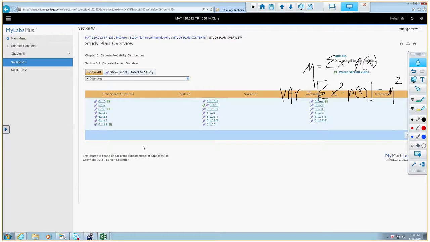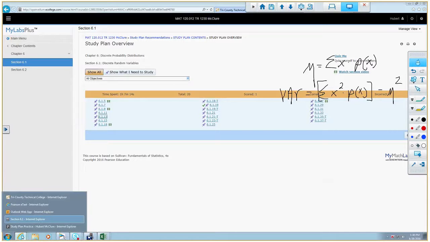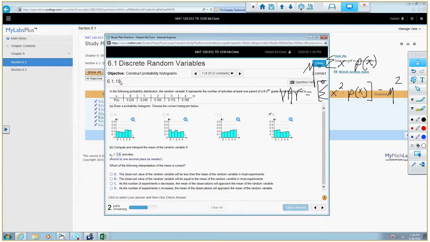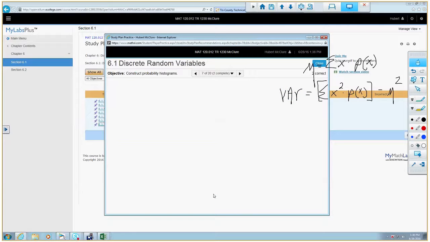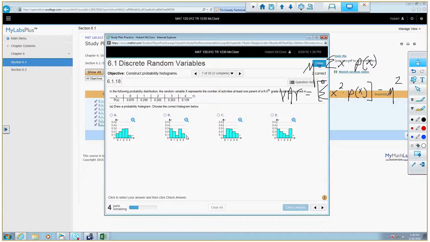I'm sorry, what? 19. Number 18? I thought it said 19. Let me check. Hold on. Number 18, yeah. There it is right there. Yep.